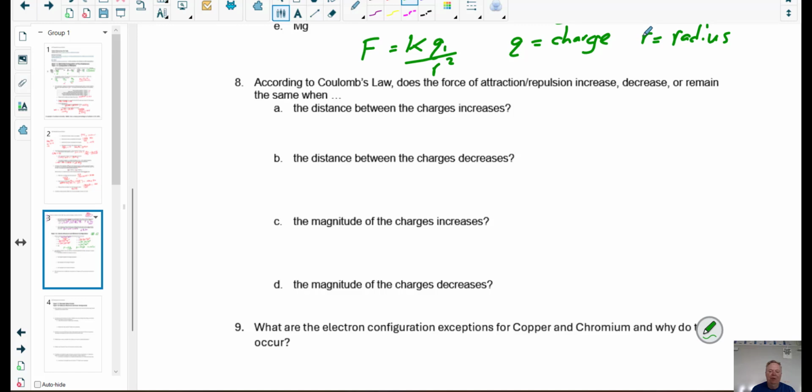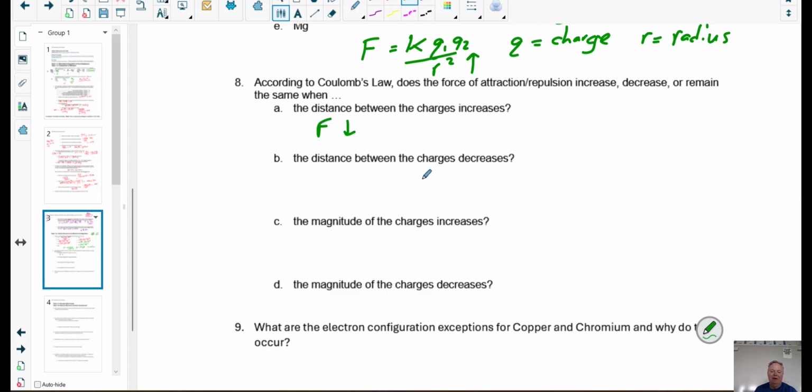So does the force of attraction or repulsion increase, decrease, or remain the same when the distance between the charges increases? If the distance increases, so if R goes up, our denominator goes up, what must happen to the force? The force must decrease. So if the radius increases, the force must decrease.